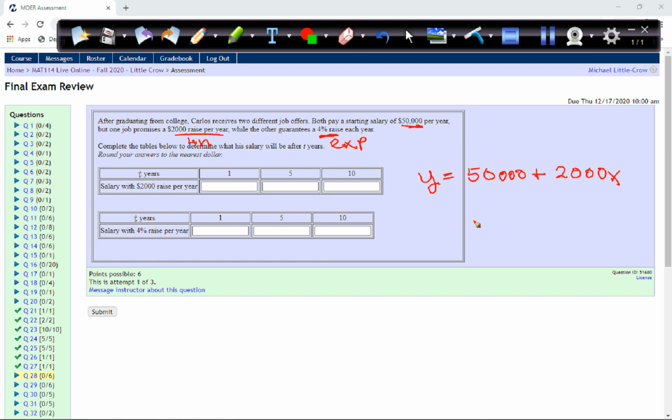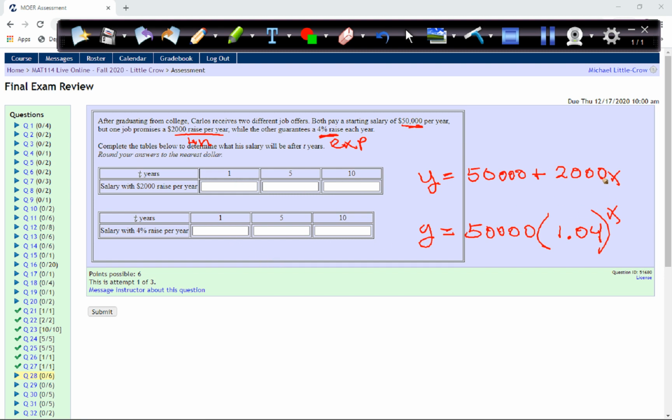For the exponential, it's going to look similar. We start with 50,000, but what we're adding is a 4%, that's 0.04, so that's 1.04 each year to the x. And again, we'll calculate it at 1, 5, 10, and that's it.